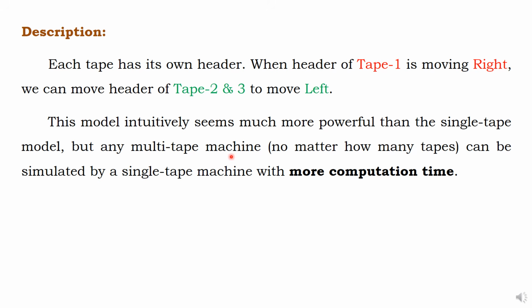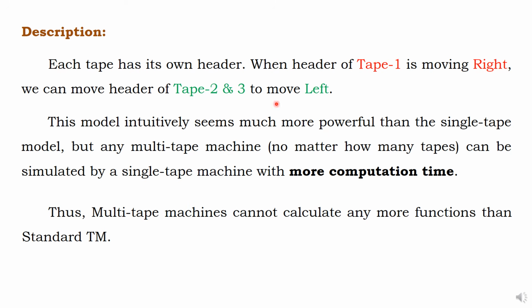That you should know. It doesn't mean that work done by a multi-tape machine cannot be done by a single tape. No, I am not trying to say that. The work done by a single tape is also done by multi-tape, but the computation time will be less in multi-tape. Thus, multi-tape machines cannot calculate any special function that a standard Turing machine cannot.